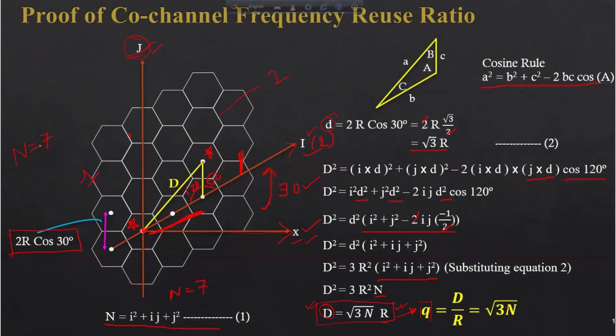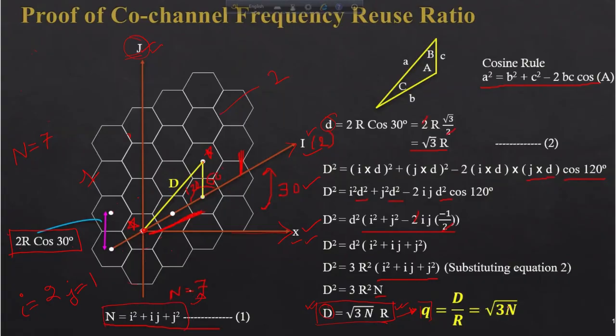For n equal to 7, we have considered the value of I equal to 2 and the value of j equal to 1. If we put I equal to 2 and j equal to 1, we get n equal to 7.